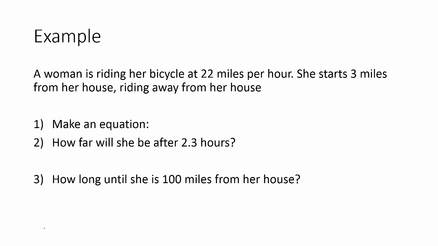Let's take a look at how we can use this. We've got a woman riding her bicycle at 22 miles per hour. She starts 3 miles from her house and she's riding away from her house. Remembering y equals mx plus b, where b is the starting amount and m is how things are changing.